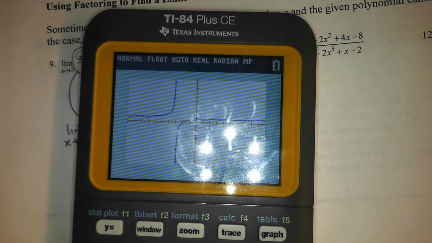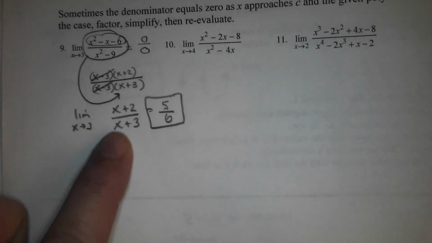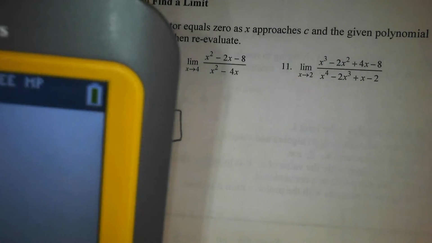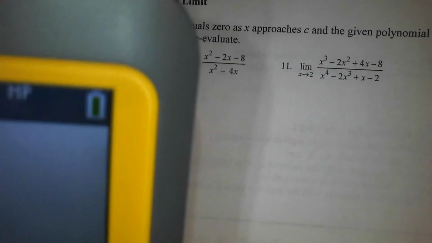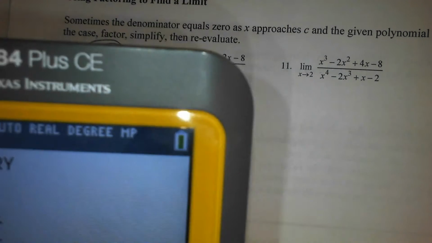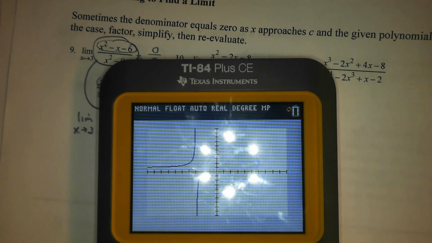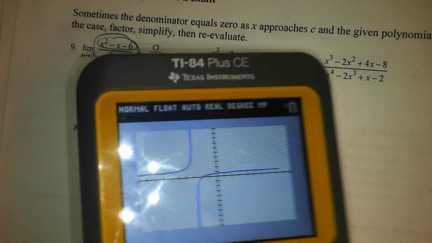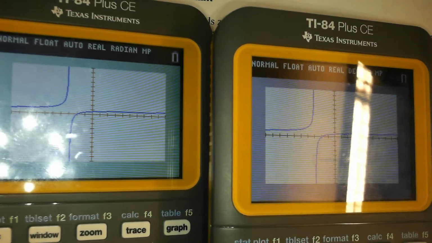Okay? On another calculator, I'm going to type in the simplified version, x plus 2 over x plus 3. And what would you say about these two graphs?